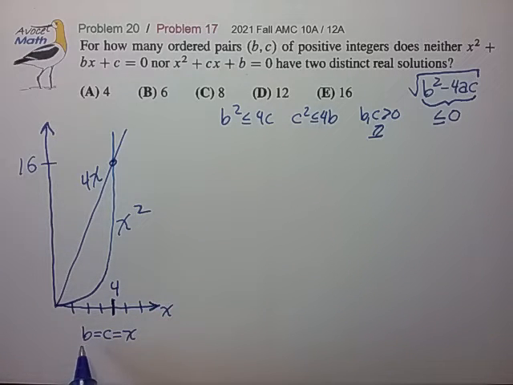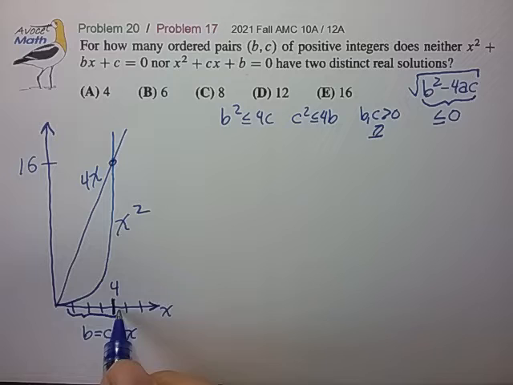So it seems as though b equal to c will give us valid solutions for both of these inequalities, provided that b and c fall within the range of 1 to 4.